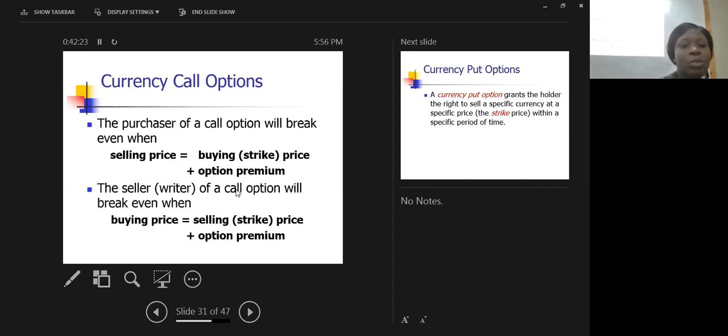The writer of the call option will break even when the buying price is equal to the strike plus premium. Same thing. The buying price to the writer is the selling price to the buyer, right?